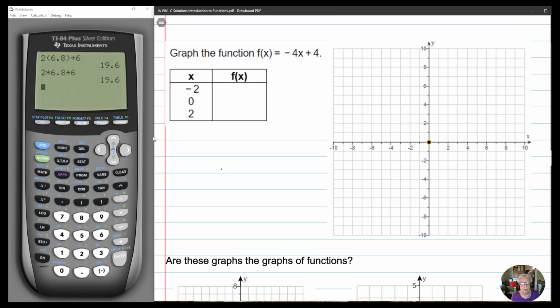Now, we're going to do the same thing with f of x, which is the more normal way of seeing a function written. All right, we're going to find f of negative 2, f of 0, and f of 2.